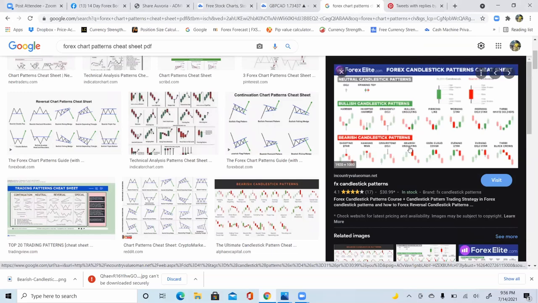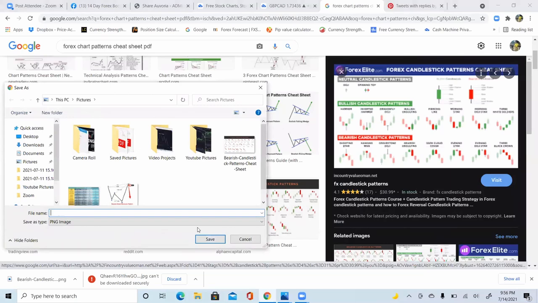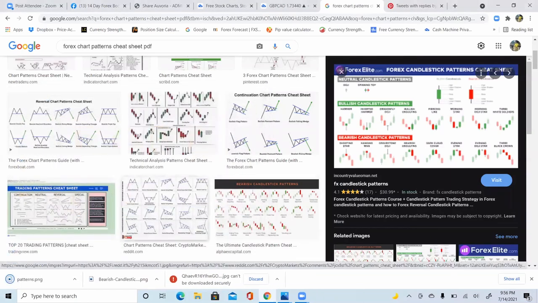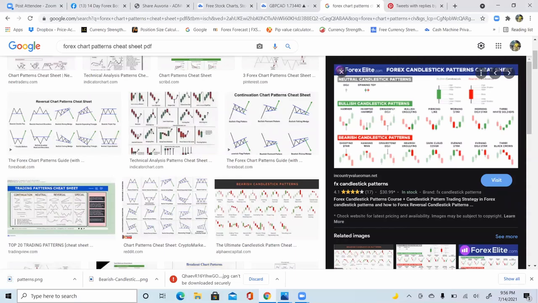I like this one. This one's simple. So I'll post this in our 14-day group, but take it upon yourself, because chart time is what makes it stick. The whole point is to make you aware of what's going on.